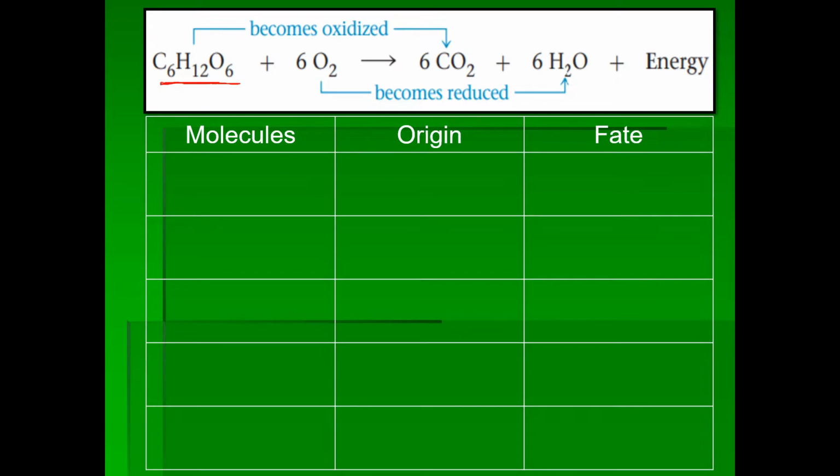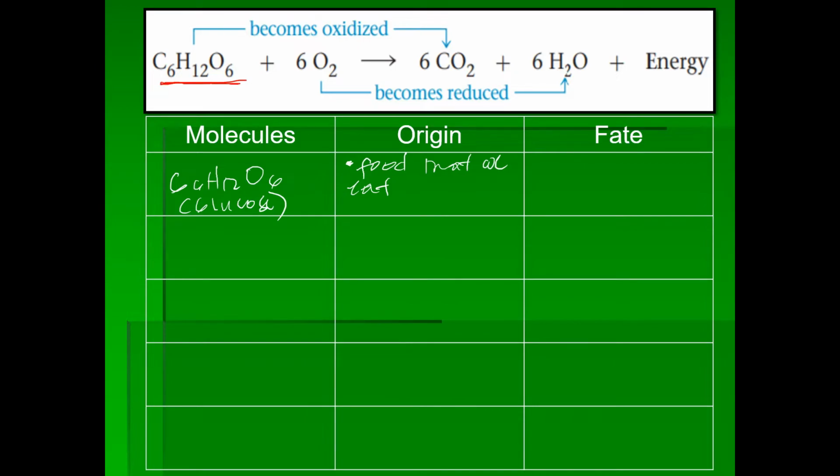The first molecule is glucose, C6H12O6. Where will the glucose come from? The glucose molecule that will be entering the process of cellular respiration comes from the food that we eat.